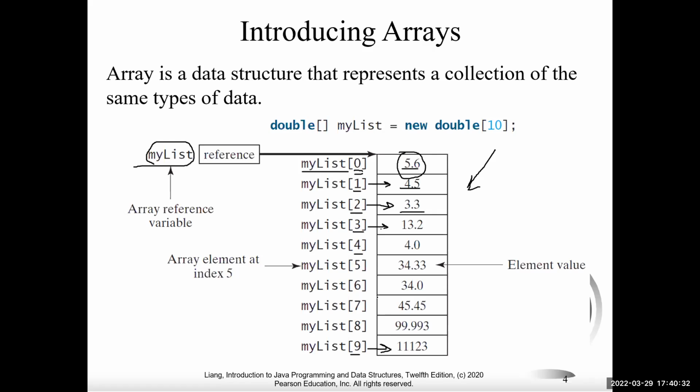So now we are saving all of these elements. Maybe these are related elements, like saving the scores for my students for this class. So all of these are data related to the student, to the class, and to the professor, maybe.